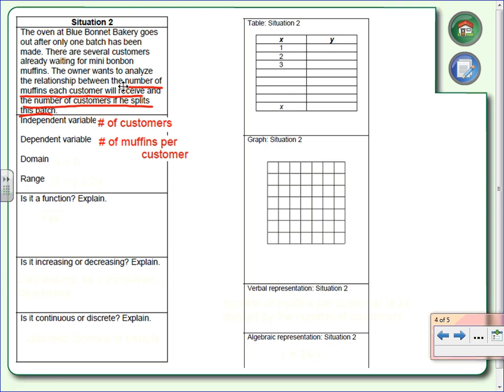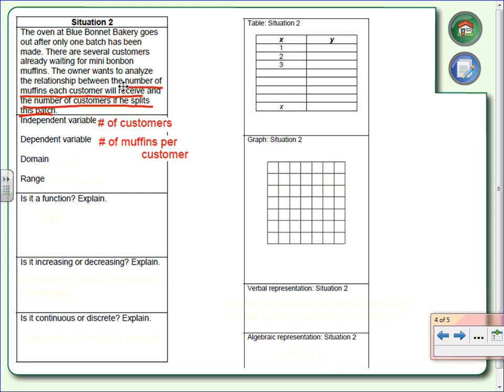In other words, the number of muffins you get is going to depend. What does it depend on? The number of customers.